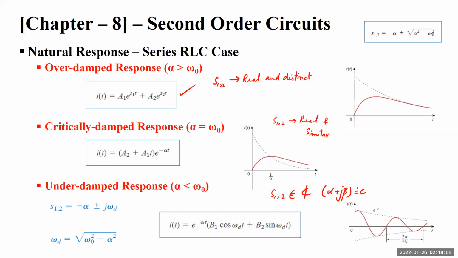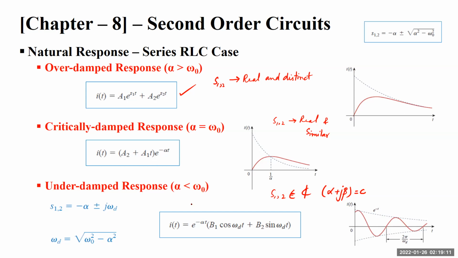So we have our roots in this format, or you can say alpha plus minus j omega d, where omega d is the damped natural frequency, and omega d is given as the square root of omega naught squared minus alpha squared.